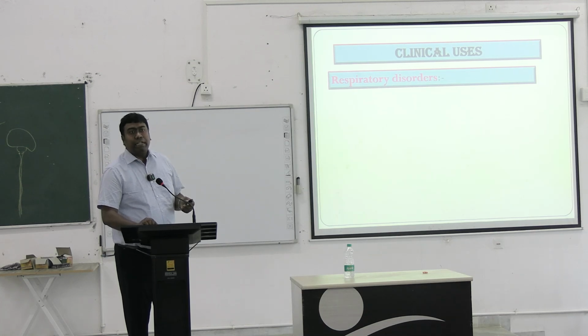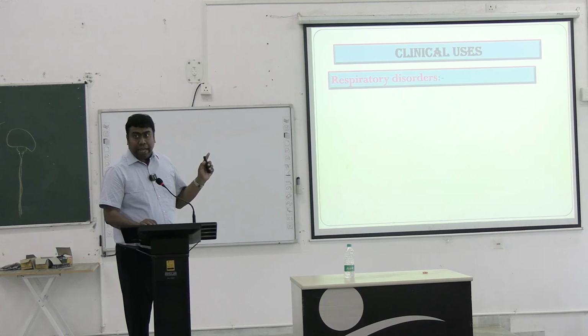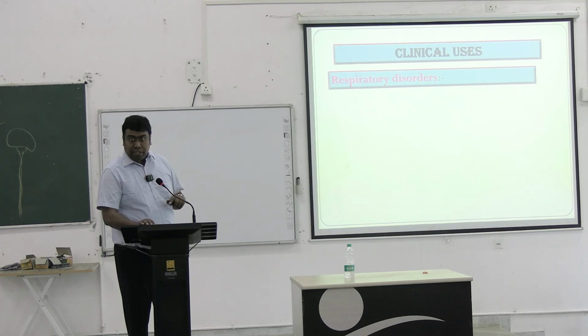That is a beta 2 agonist, and an M3 blocker. You have to remember this. Beta 2 agonists are salbutamol and terbutaline, plus an M3 blocker or anticholinergic.